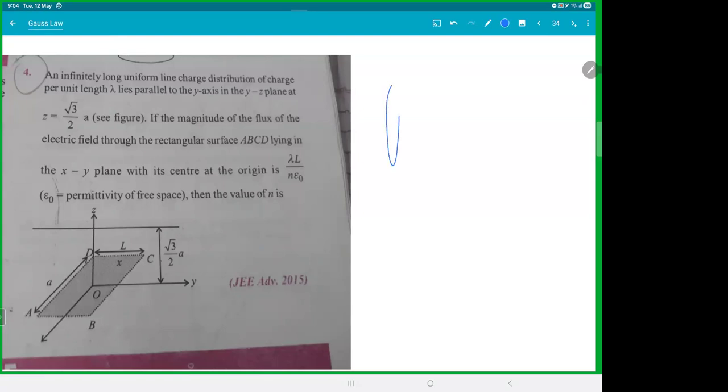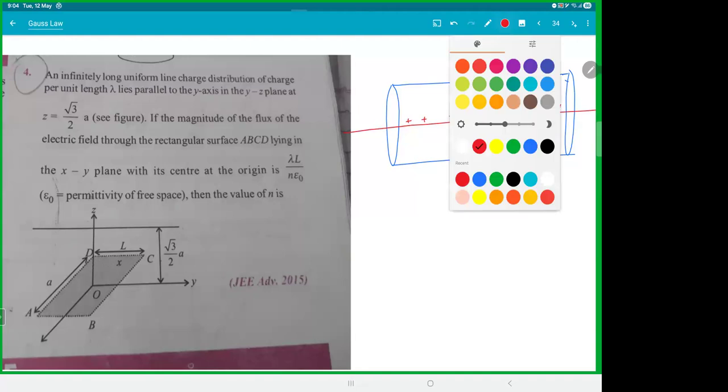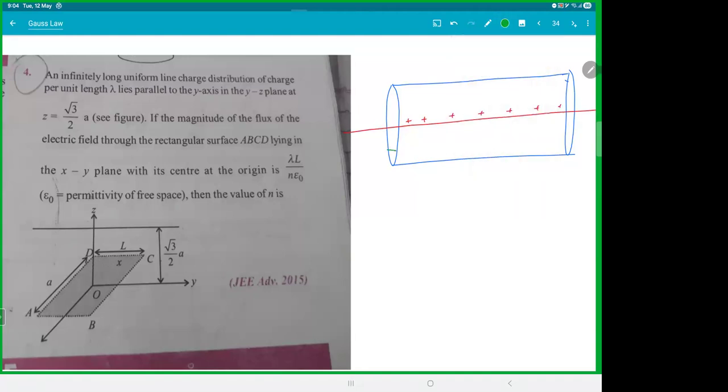Imagine you have a cylinder, a long cylinder, and you have an infinite line charge passing through the center. Now try to see the question from this perspective. This rectangle which you're looking at here is actually something like this.